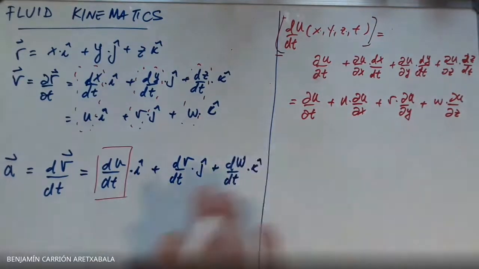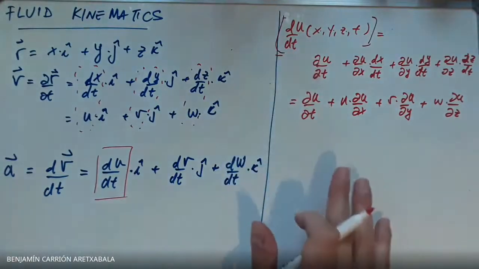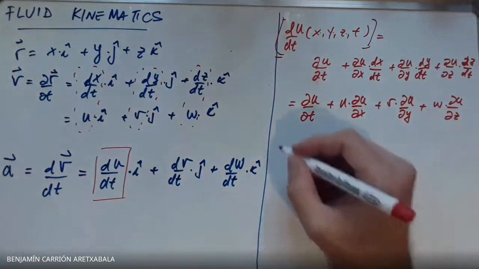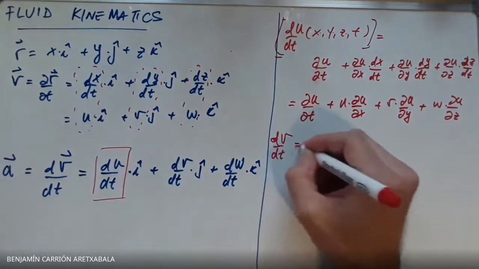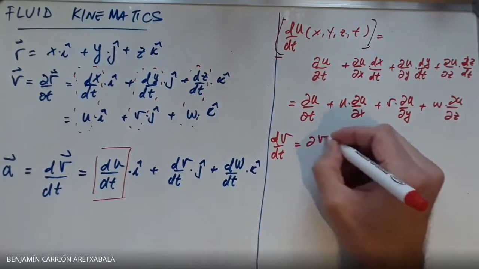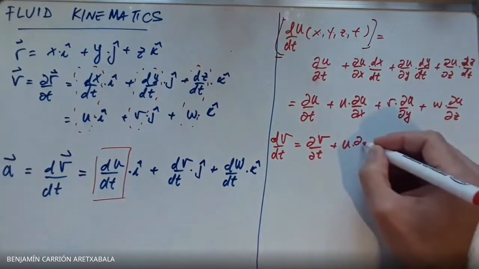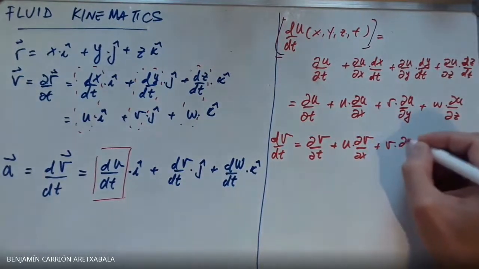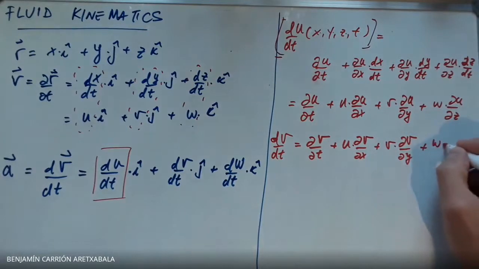You can show for the rest of the velocity components that you get a similar result. Let me just write it down here. So you can show that dv/dt is going to be similar. It's going to be the partial derivative of v with respect to time plus u ∂v/∂x plus v ∂v/∂y plus w ∂v/∂z.